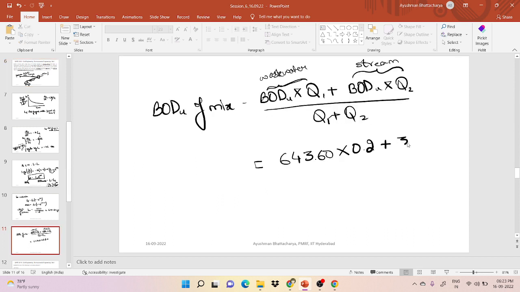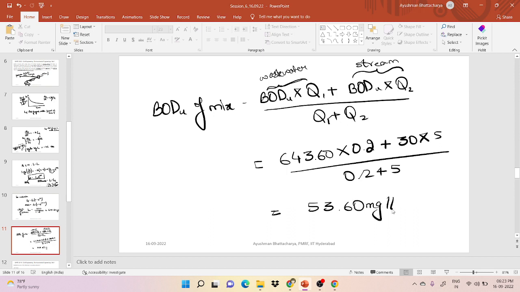So basically 30 into 5, divided by 0.2 plus 5, which will come out to be 53.60 milligram per liter. Okay, now we know the BOD ultimate of mix is 53.60 milligram per liter.